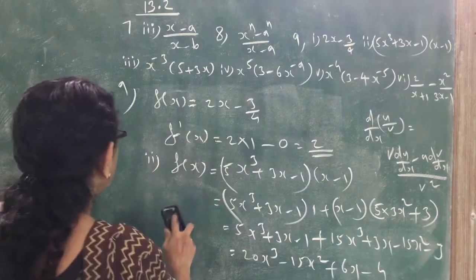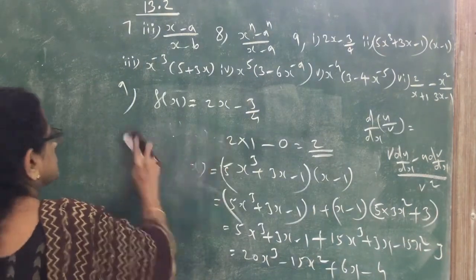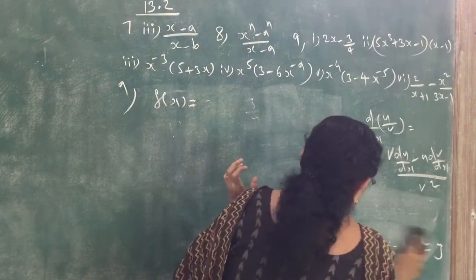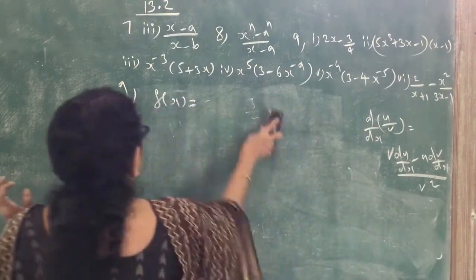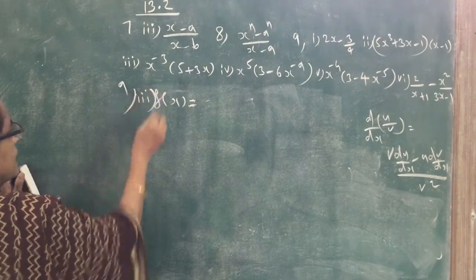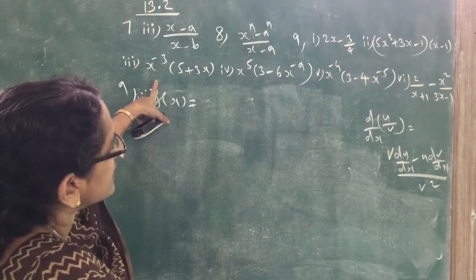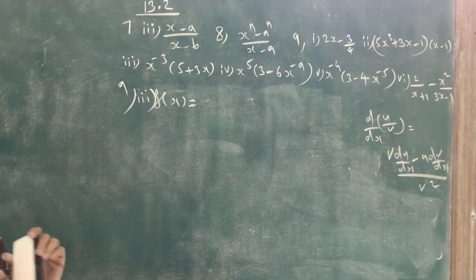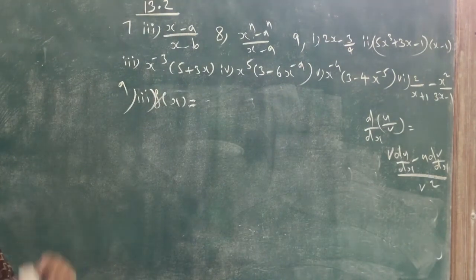Now next one, third one, this one, x raised to minus 3. Here either you can apply the product rule, or you can multiply, simplify and write, then find the derivative.